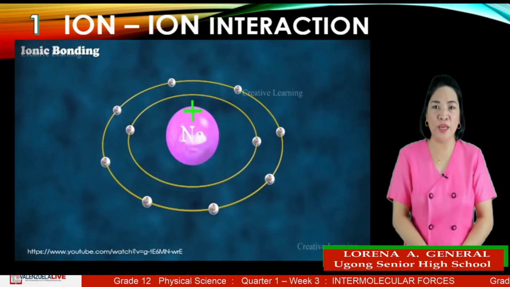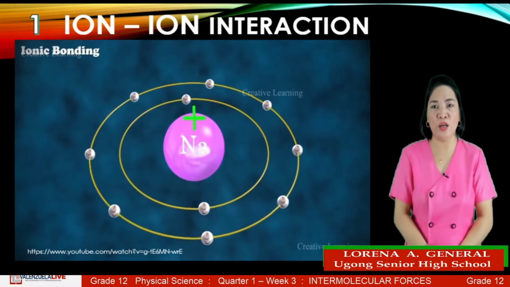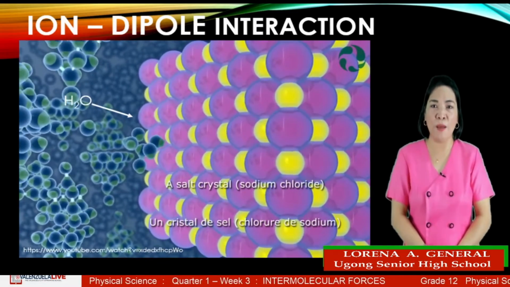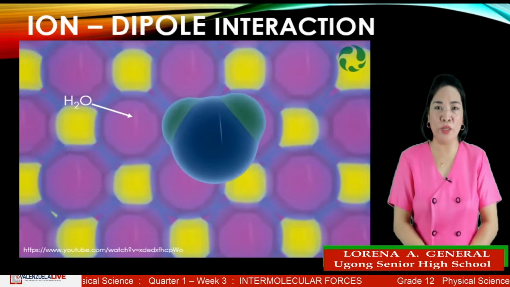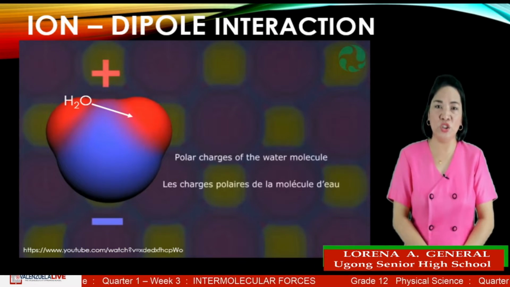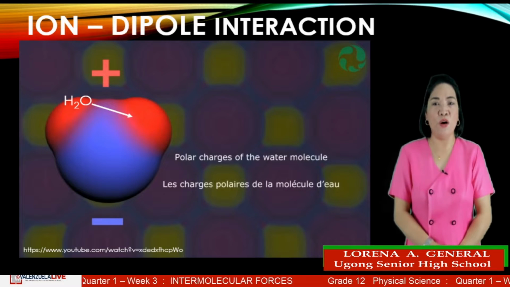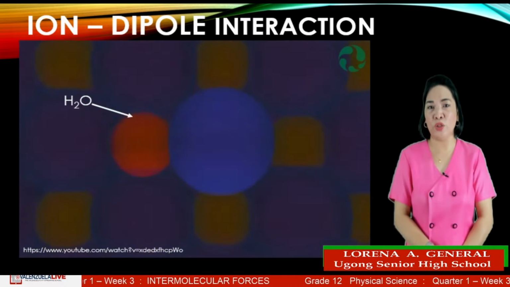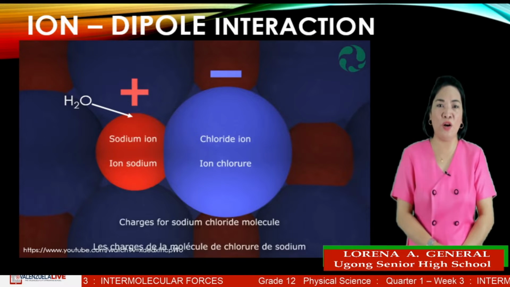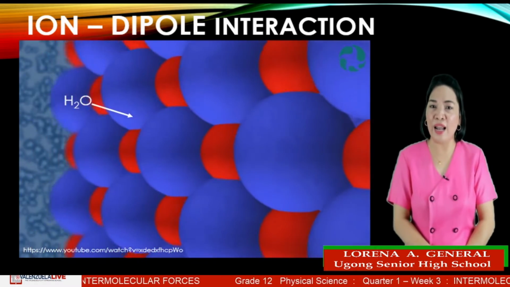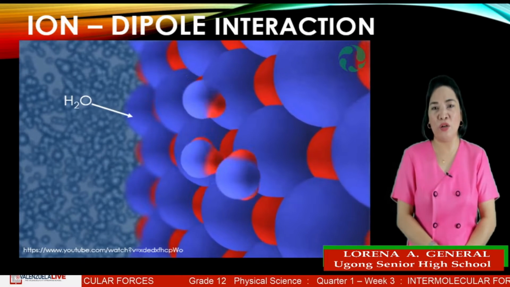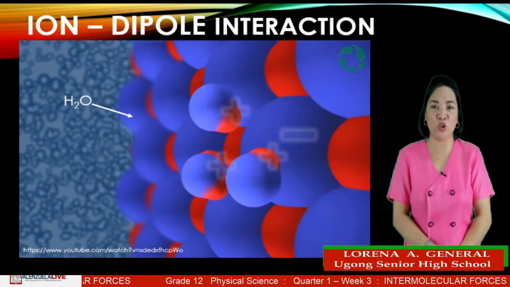The next one is the ion-dipole interaction. Ion-dipole interaction is an electrostatic attraction between an ion and polar molecules. The strength of the ion-dipole forces increases as the charge of the ion increases. For example, the sodium ion-water cluster interaction. An ion-dipole force consists of an ion and a polar molecule aligning so that the positive and negative charges are next to one another, allowing for maximum attraction.